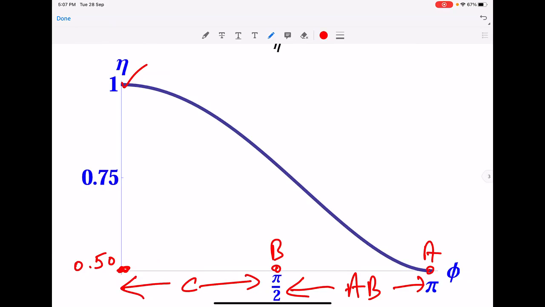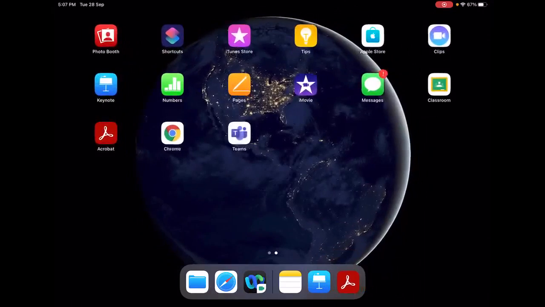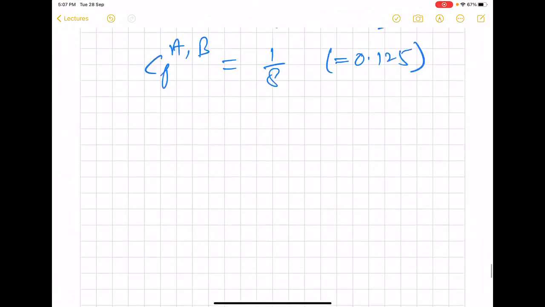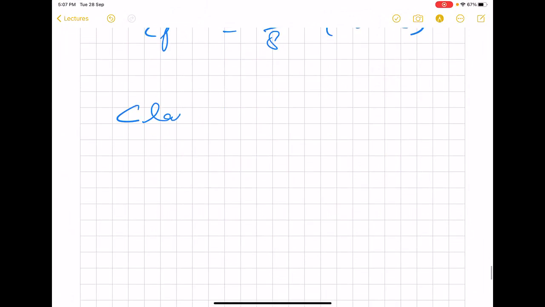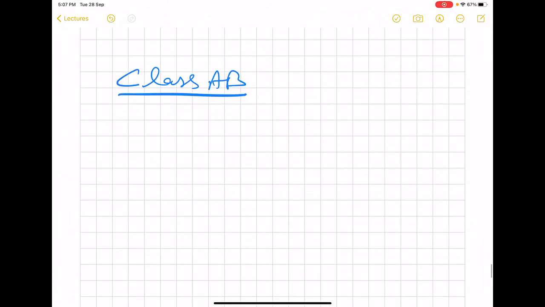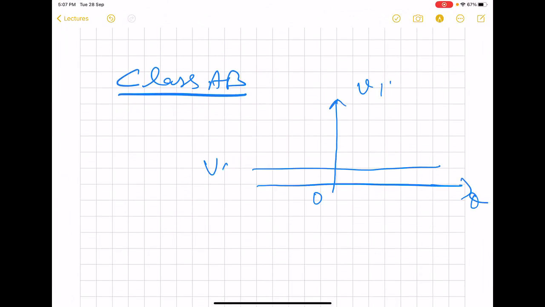So this was for class C, and as was pointed out, for class AB, the only thing we have to do is change the DC bias. So DC bias now is going to be positive, and now my input will oscillate about this line.